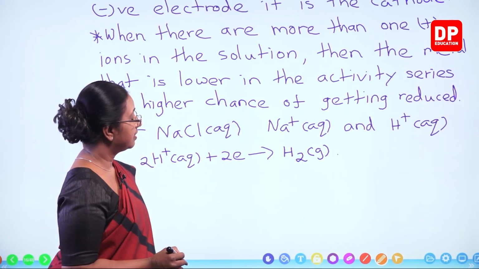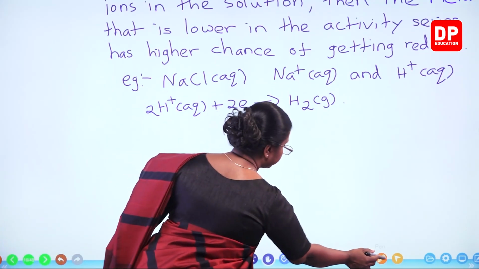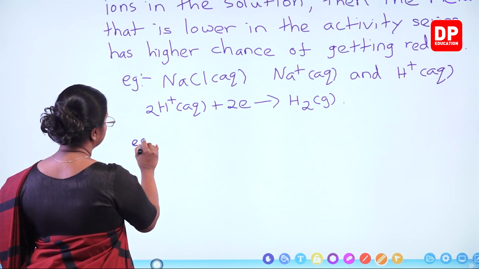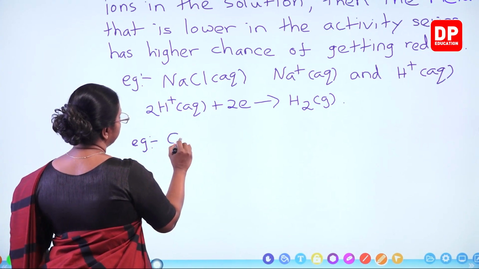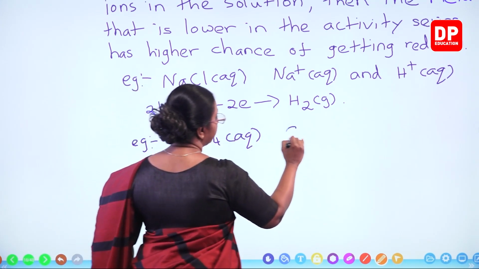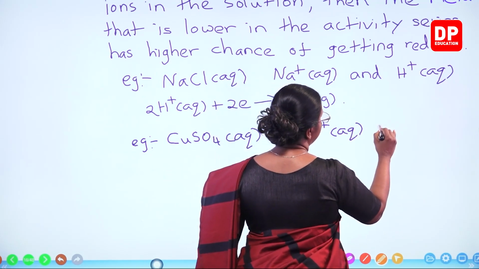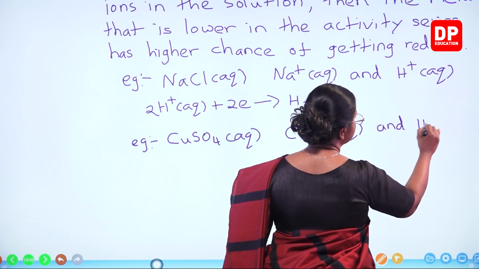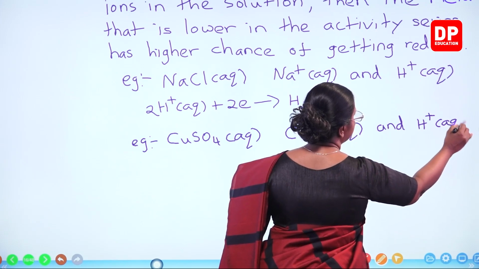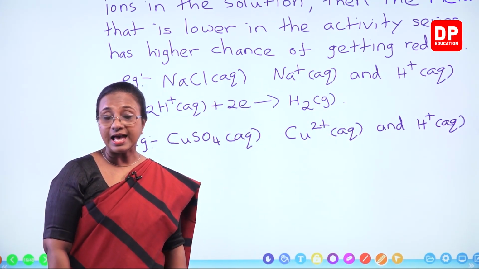H plus is reduced. Another example you can consider: if it is copper sulfate aqueous, there will be Cu2 plus aqueous and again H plus aqueous. Now, out of these two, copper is lower in the activity series.